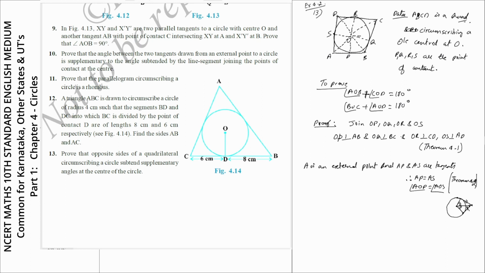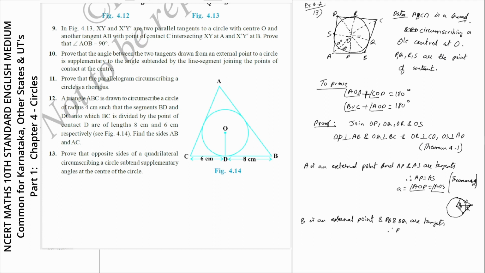So applying that logic here, angle AOP will be equal to angle AOS. Let us say this is equal to A degrees. So I'll write here, this is angle A degrees, this is angle A degrees. Similarly, B is an external point, and PB and BQ are tangents.